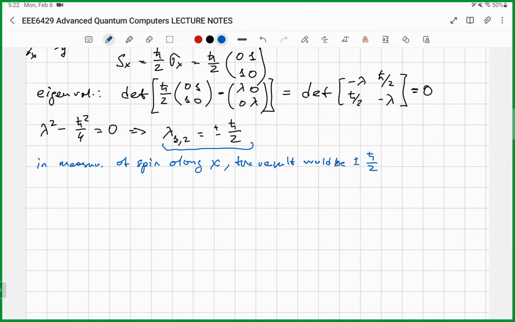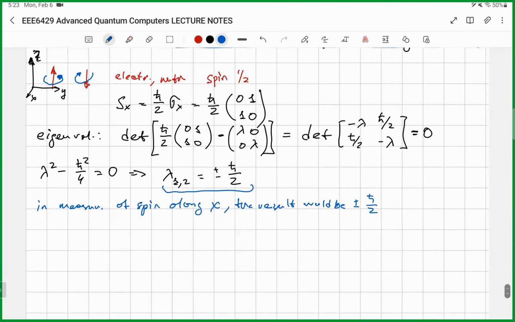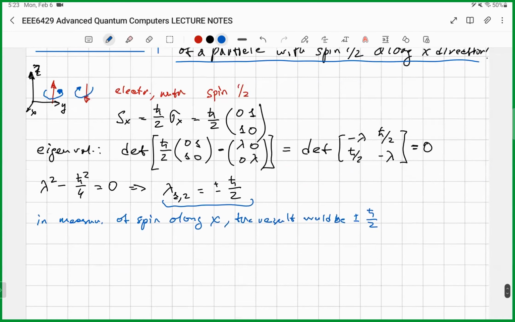And of course, there is nothing exceptional about axis x. I could consider axis y or axis z, and for a system which is not polarized, I would get the same result for axis y, plus minus h bar over 2, and for z as well, plus minus h bar over 2.